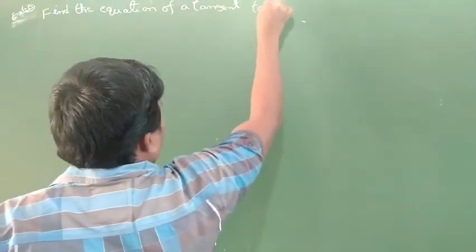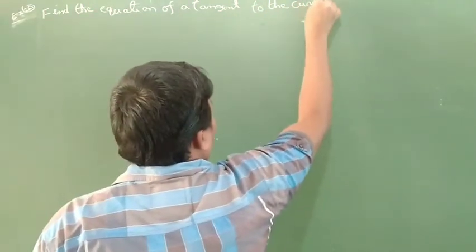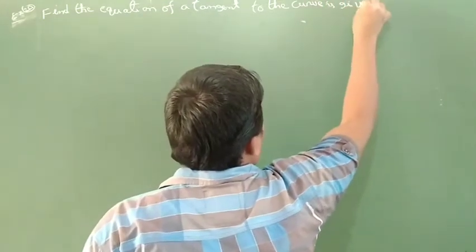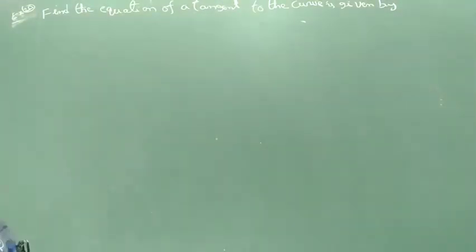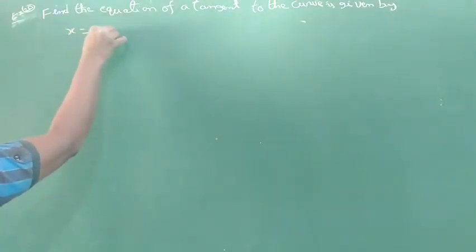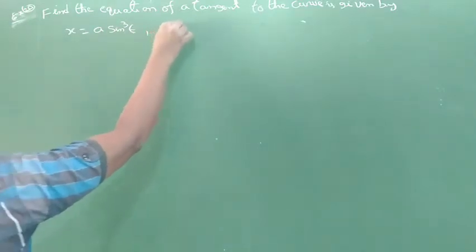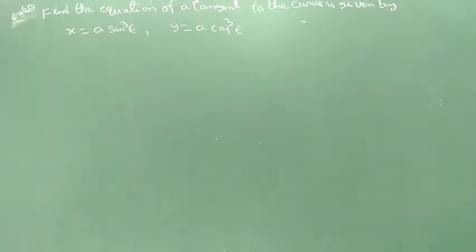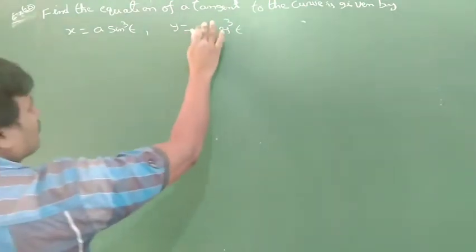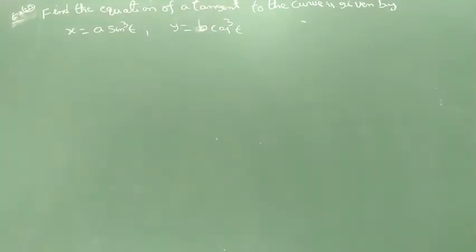Find the equation of a tangent to the curve given by x is equal to a sin cube t, y is equal to b cos cube t. This type of model also comes in parametric differentiation.